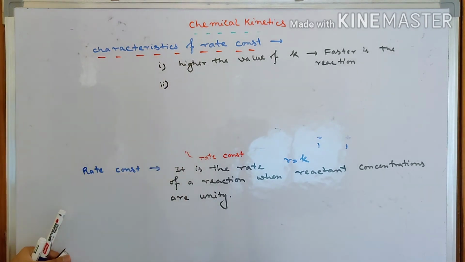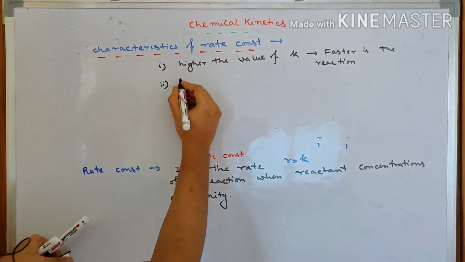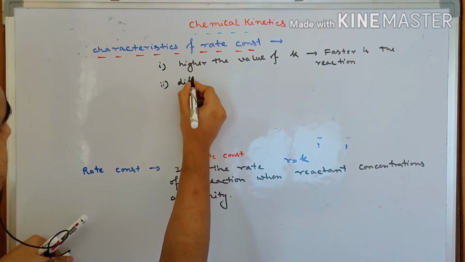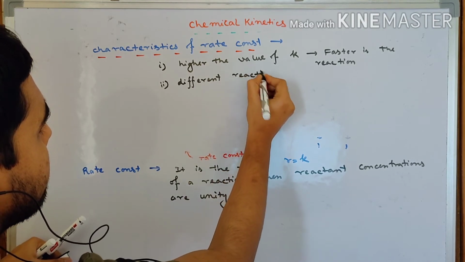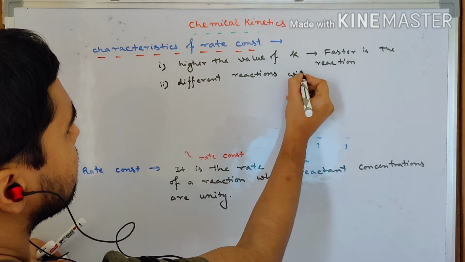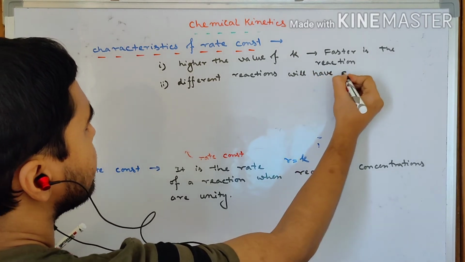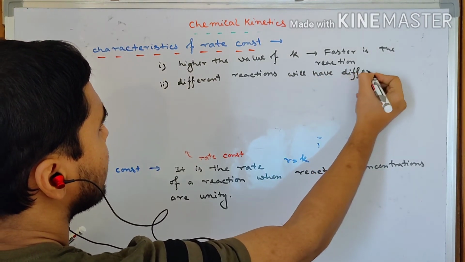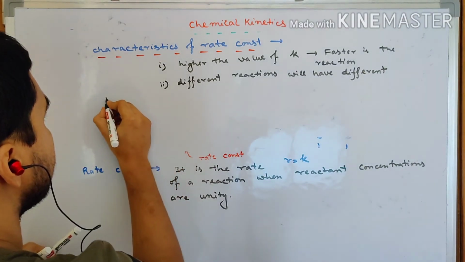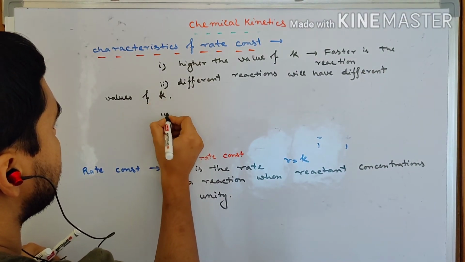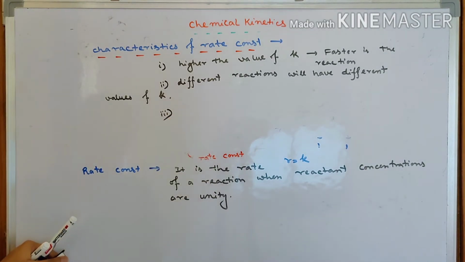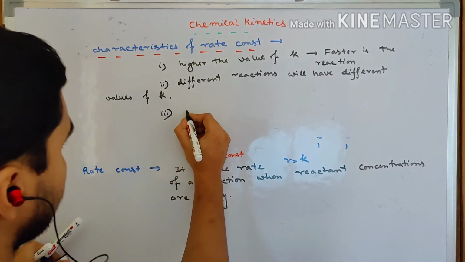Second, different reactions will have different values of K. Third one is, at a fixed temperature, the value of K is constant.